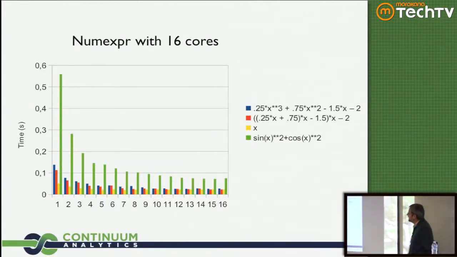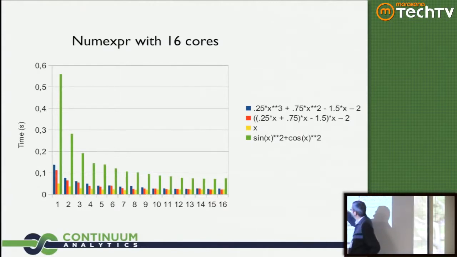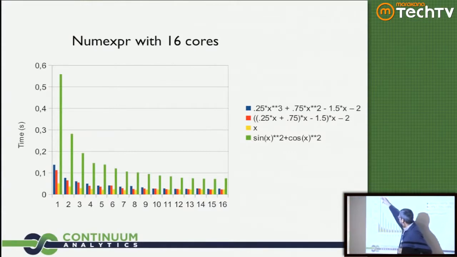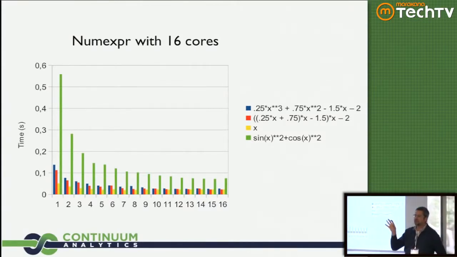For problems that are not memory bandwidth bound, for example, computing transcendental functions like sine or cosine, the scalability of Numexpr is much better, because you don't have this bandwidth limitation. You are using your cores much more effectively.